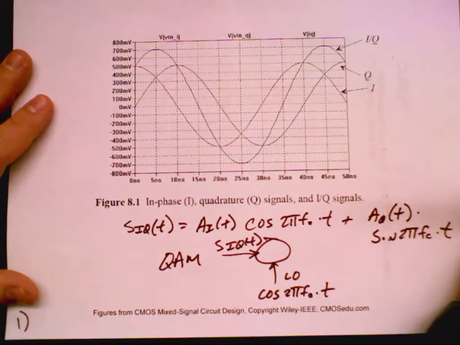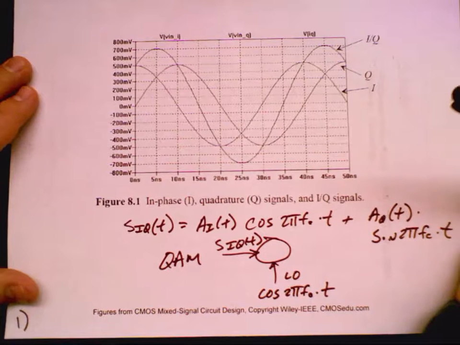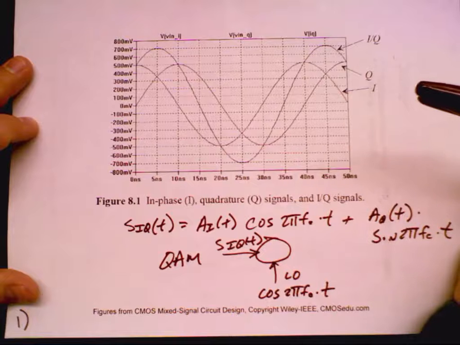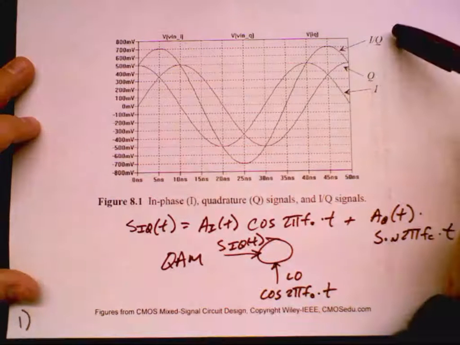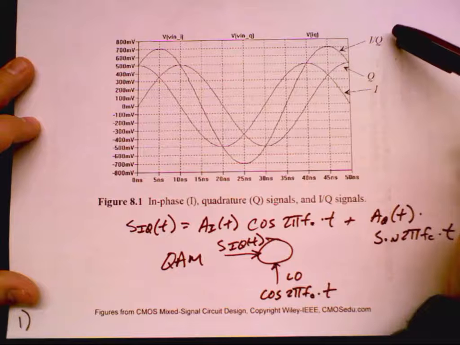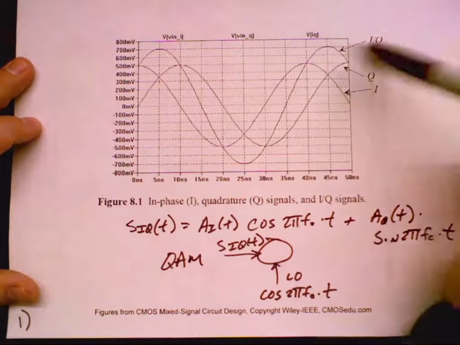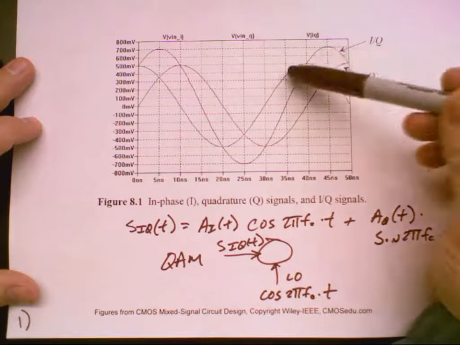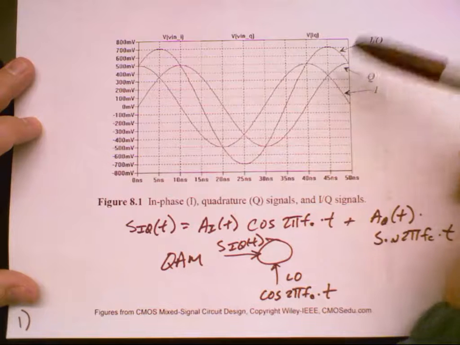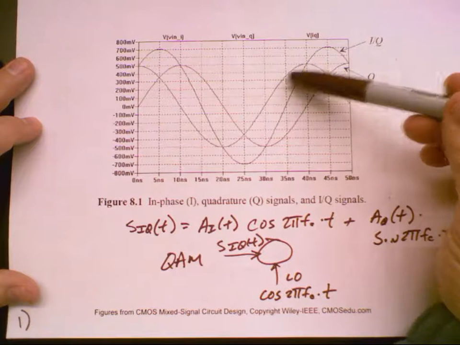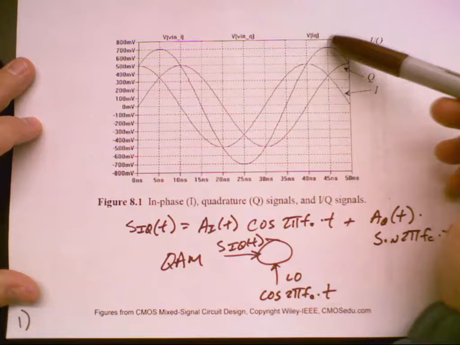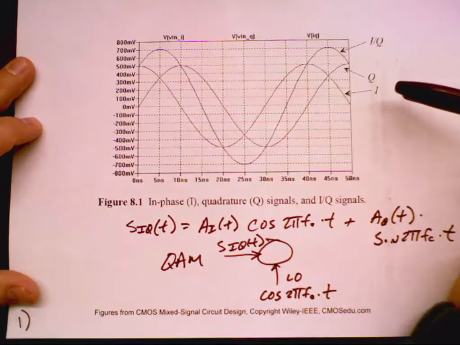What's the phase shift between the in phase and the quadrature? It's only 45 if they're both the same amplitude, right? And then if the amplitudes vary, the phase angle varies, and then the amplitude of the IQ varies, right?